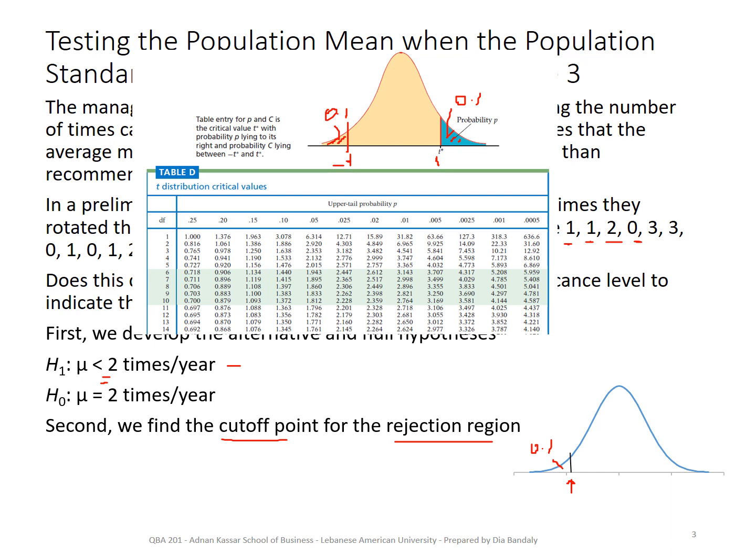So we look for the area of 0.1. Okay, and here we go. This is 0.1. And remember that we have degrees of freedom of n minus 1, and we have n here to be 14. So we have to look for degrees of freedom of 13.